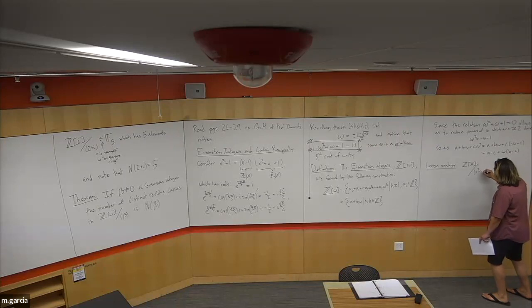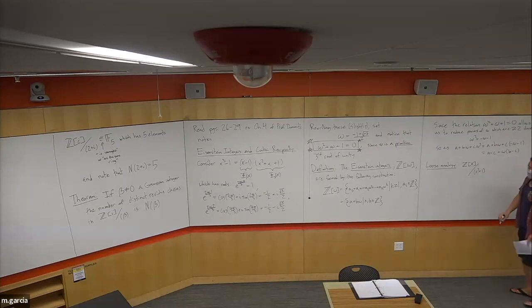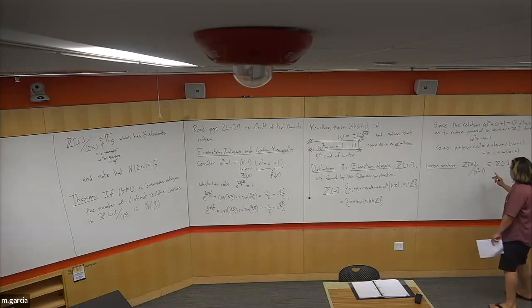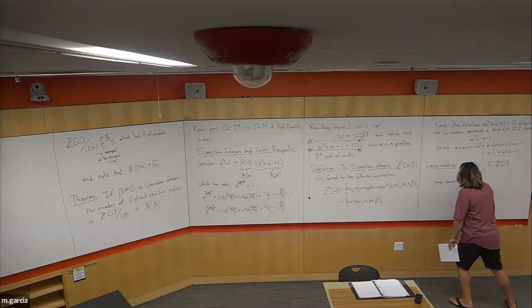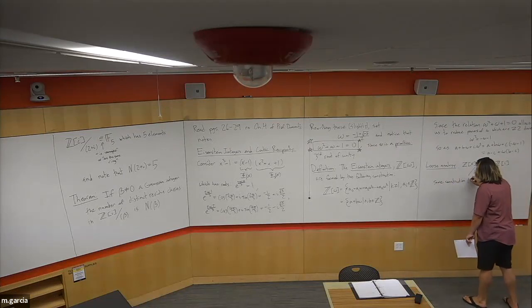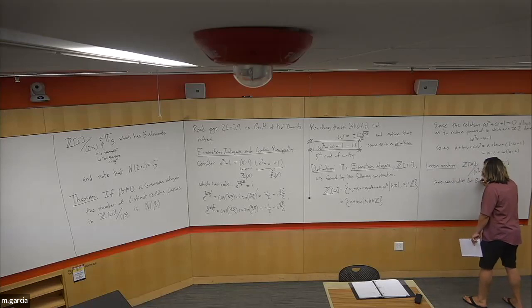And here's a polynomial with integer coefficients, which is irreducible in C. So this is the same as Z adjoin i, the Gaussian integers. Now, same construction for Eisenstein integers.